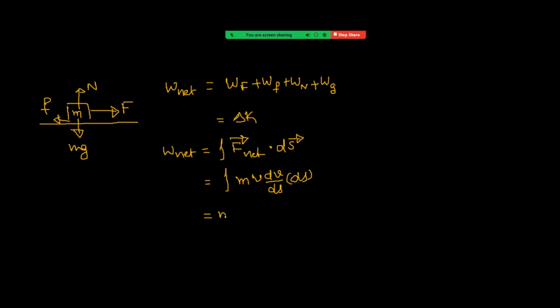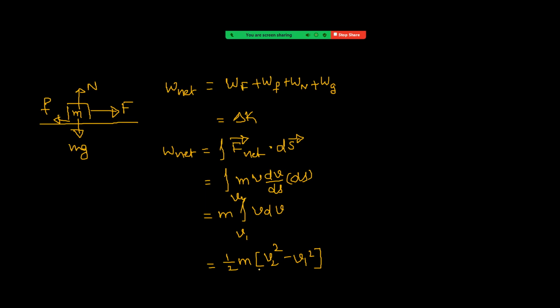Now this becomes, take m outside, the integration of v dv. Let us take initial velocity v1 and final velocity v2. Now v dv becomes v square by 2. That means it is equal to half m (v2 square minus v1 square). So the net work done is equal to the change in its kinetic energy. This is the statement of the work energy theorem.